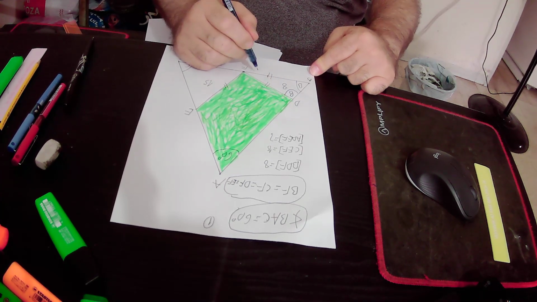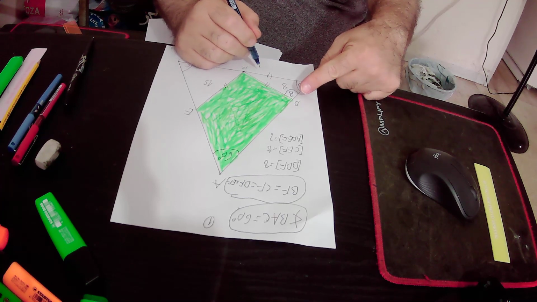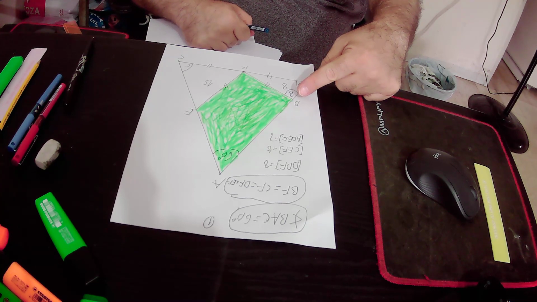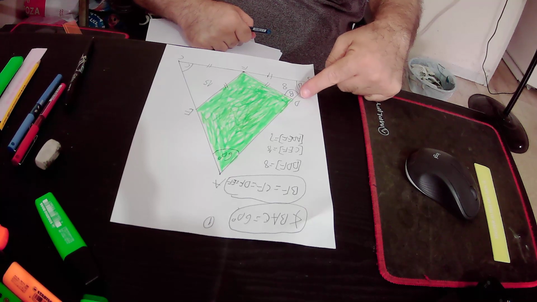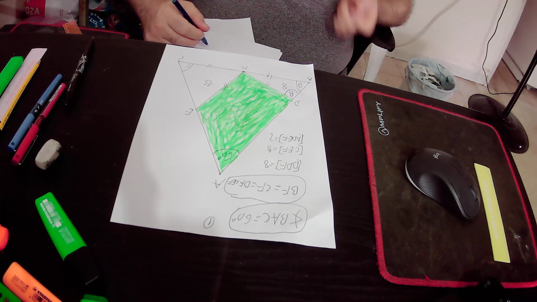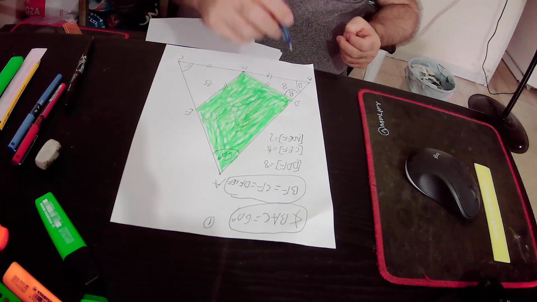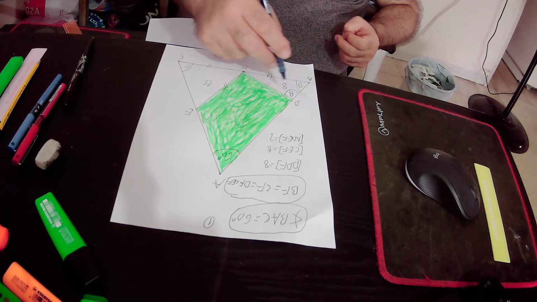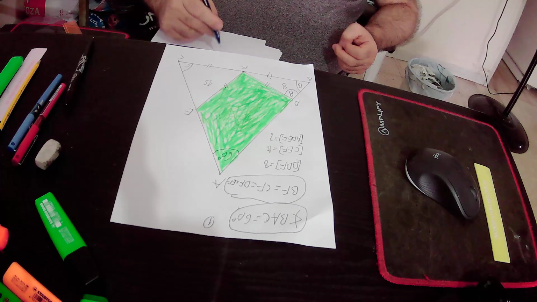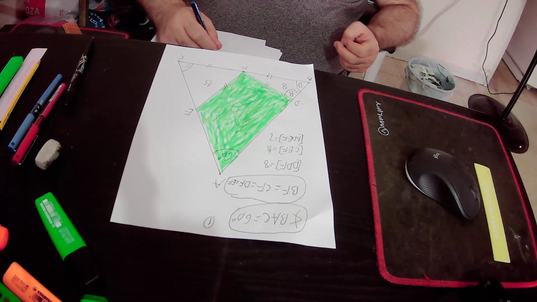Those two angles are located in front of equal sides in triangle BDF, therefore they must be equal to each other. So if this angle is beta, then this angle must also be equal to beta. Okay, so angle BDF equals beta.